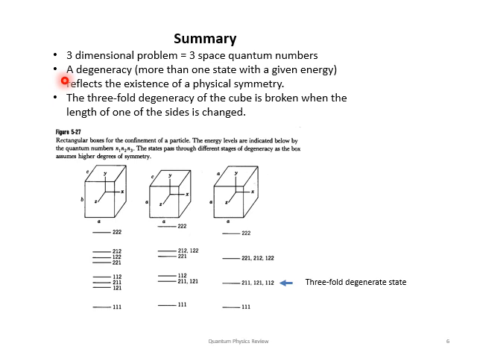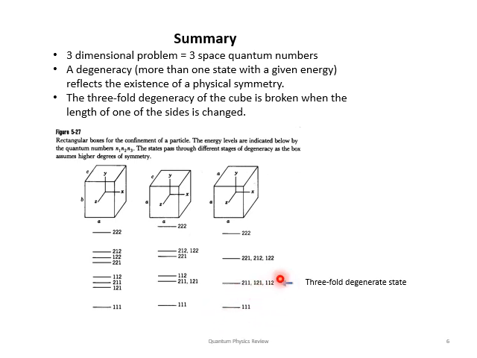We're now going to look at the particular shape of the box. I know this doesn't quite look like it, but if the box is shaped like a cube, then we go ahead and solve for the energies of a particle in the box, and we find when n_x, n_y, and n_z are each equal to 1, we have a particular energy, right?